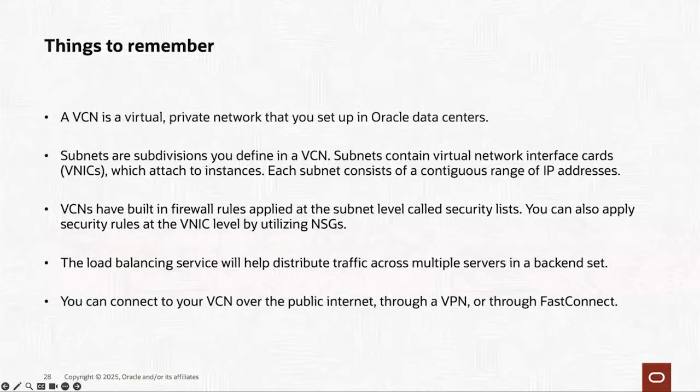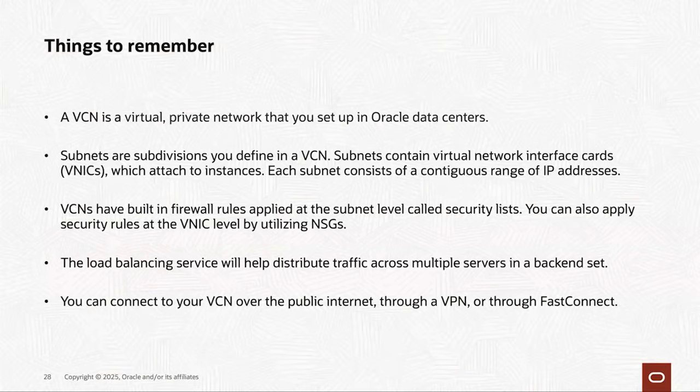And just some things to remember. A VCN is that virtual private network that you set up within OCI. It's going to be your core component to all of the networking related services. Your subnets are subdivisions that you define within the VCN, so your VCN is going to be broken up into subnets. We have our built-in firewall rules at the subnet level called security lists.